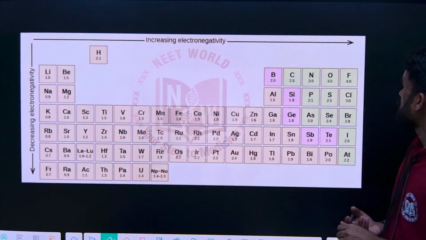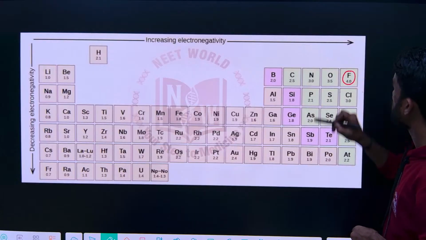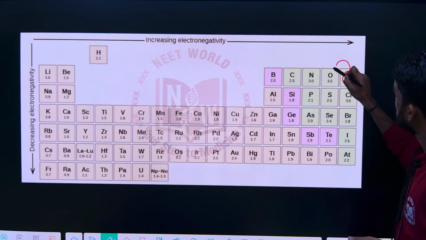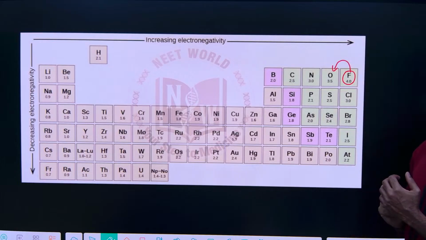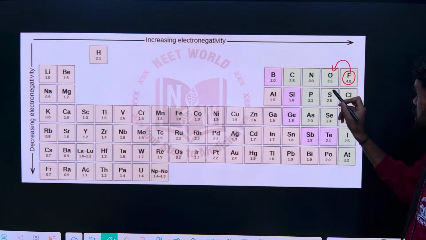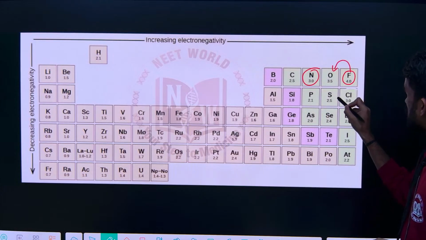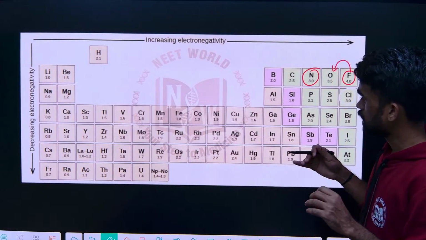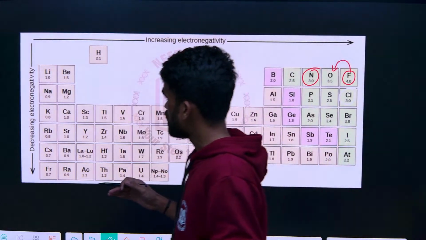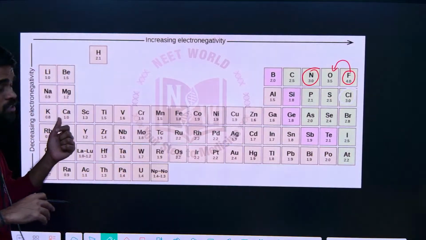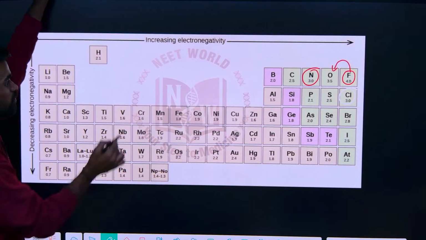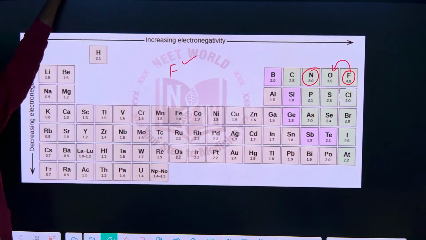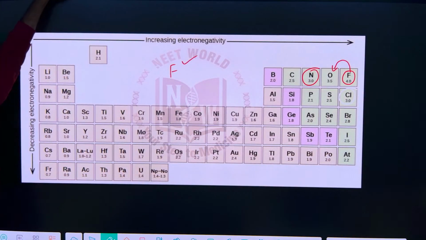Fluorine is 4.0, and after that oxygen is 3.5. Nitrogen and chlorine are almost the same. So in the complete table, if they ask what is the highest electronegative element, it is fluorine. Now, what is the least electronegative or most electropositive?